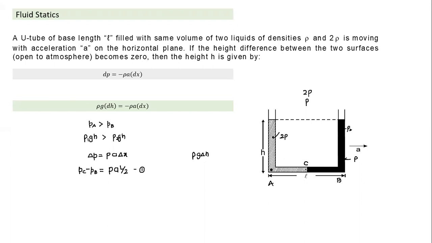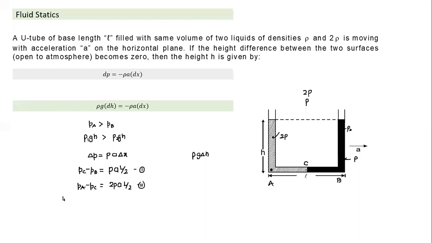And similarly, if I take the pressure difference between points C and A, the pressure will be higher at A. So PA minus PC will be equal to 2 rho into A into L by 2. So this is the second equation.